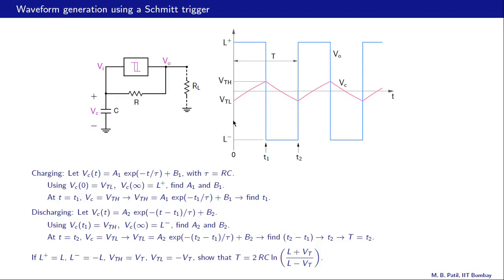In that case, we can show that this time period, that is the period of oscillation, is given by 2 RC times log of (L plus plus Vt) divided by (L plus minus Vt), where L is this L plus and Vt is the same as VTH. Now you are encouraged of course to go through all of this algebra and arrive at this result.